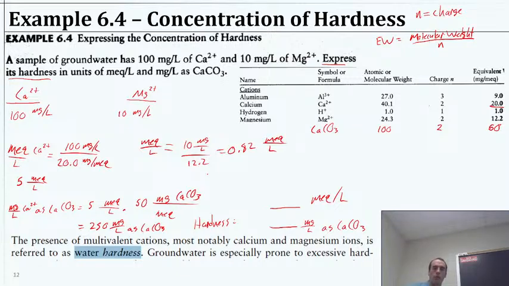And now we can take that to get our milligrams as CaCO3 and say milliequivalents per liter from this magnesium times 50.